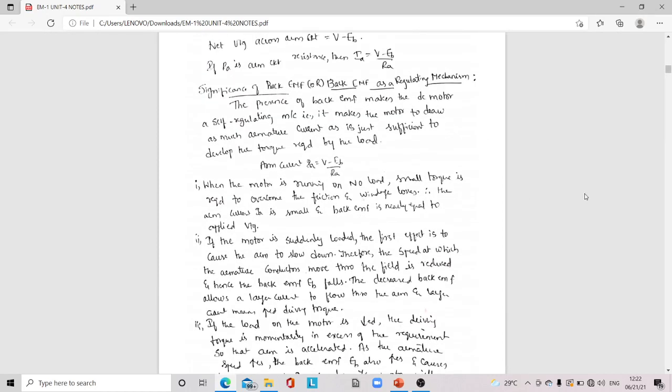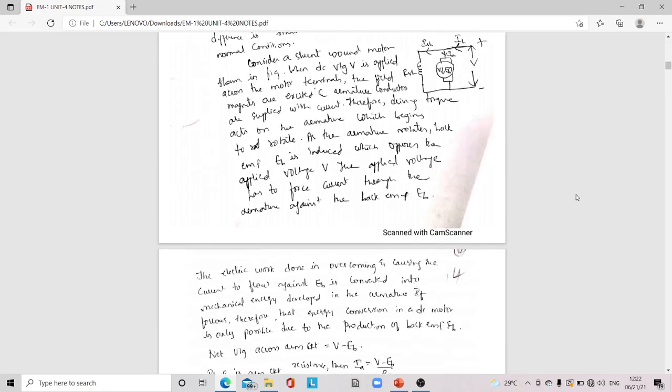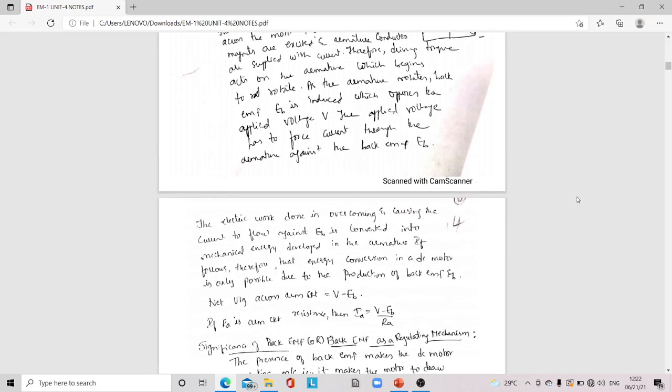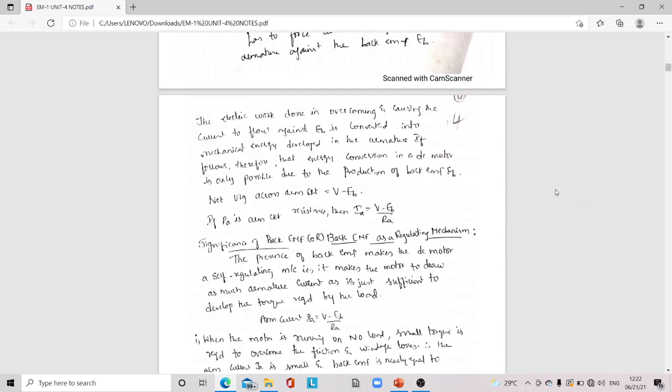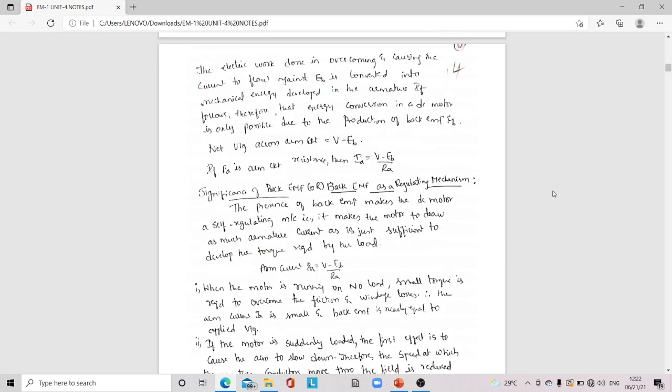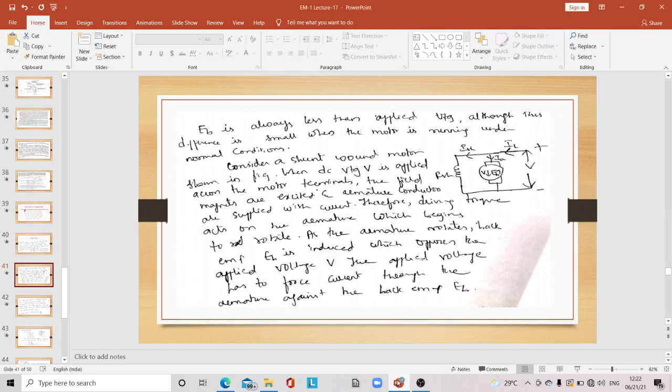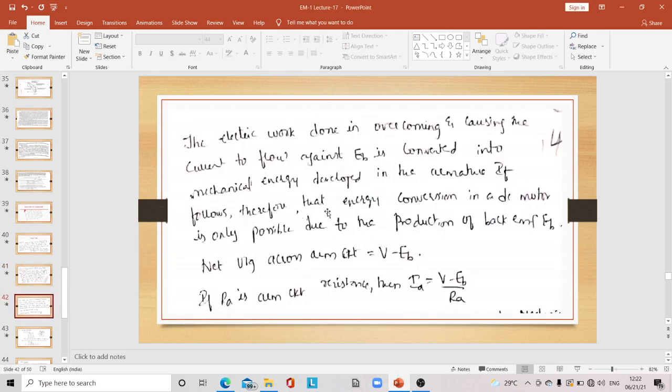So when we see the significance of back EMF, before that we will see here, electric work done in overcoming and causing the current to flow against EB is converted into mechanical energy developed in the armature.